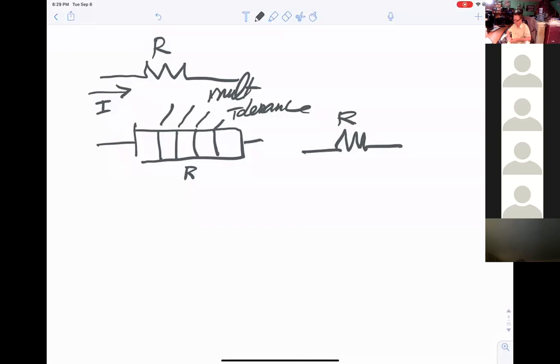Looking at the band's color code. Okay, exactly. You can say looking into the color band, you can tell, okay, this is 100 ohm, for example.